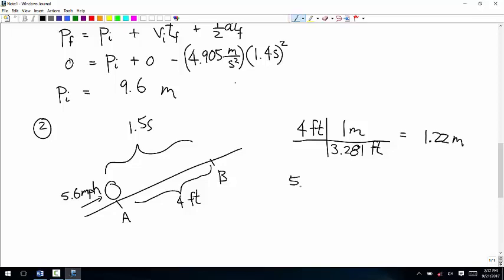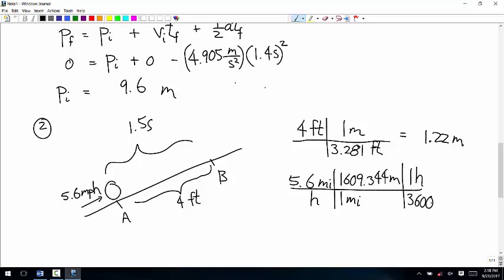And then 5.6 miles per hour. 1 mile is 1609.344 meters. 1 hour is 3,600 seconds. So can someone multiply those? 2.5? 2.24 meters per second.